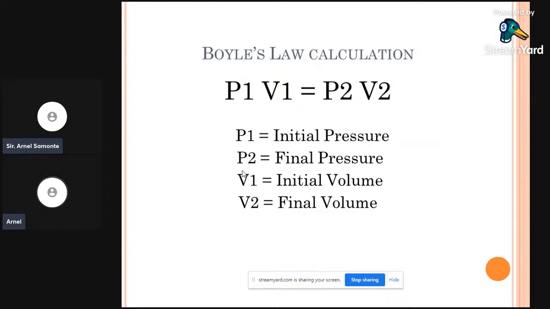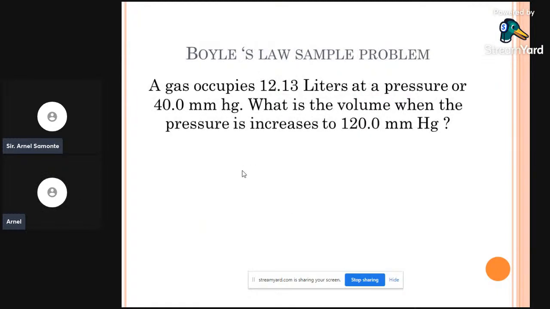P1 is the initial pressure, P2 is the final pressure, V1 is the initial volume, and V2 is the final volume. So P1 multiplied by V1 is equal to P2 multiplied by V2. Let's proceed to the sample problem.